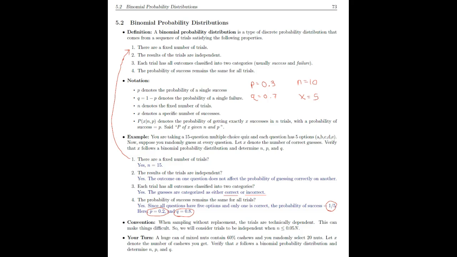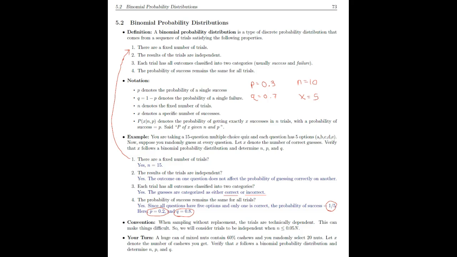Now, when you sample without replacement, the trials become technically dependent, like we saw right there, which would violate this property of the binomial probability distribution. Now, it turns out that this can be mitigated when the sample size is less than or equal to 5% of the population size.